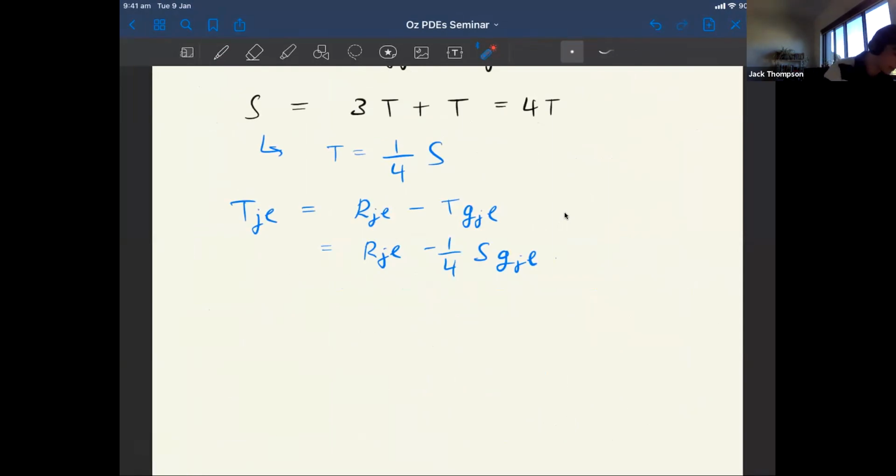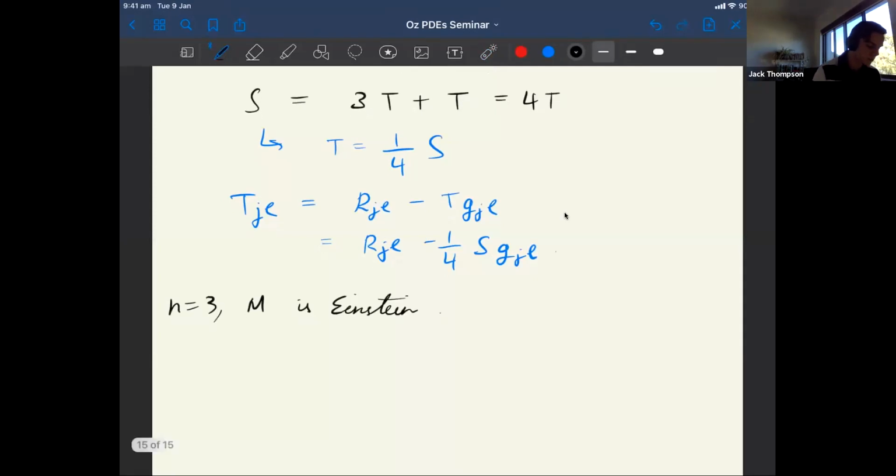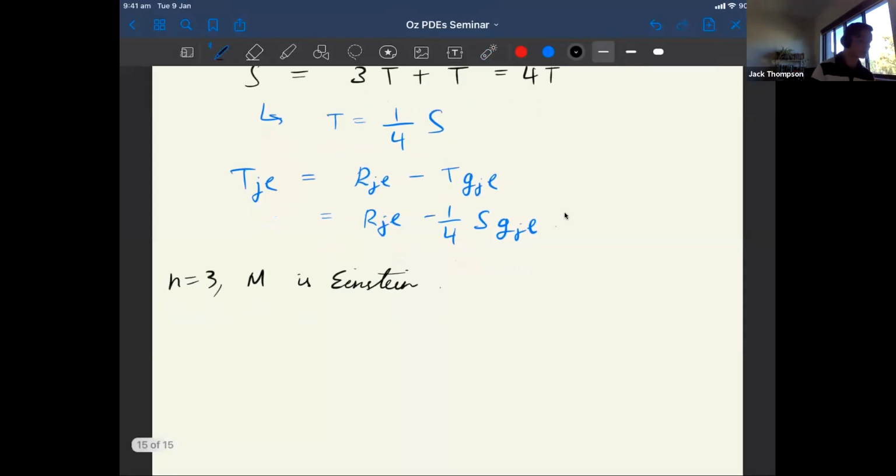Now, something to note here is if I'm in n equals 3 and also my manifold is an Einstein manifold, well, then what happens? So straight away, since M is Einstein, I know that Ricci is equal to this.